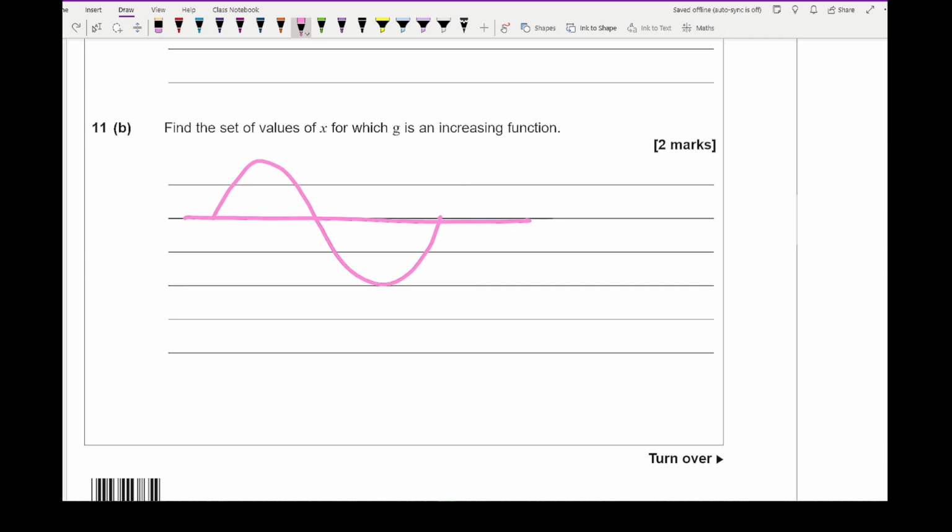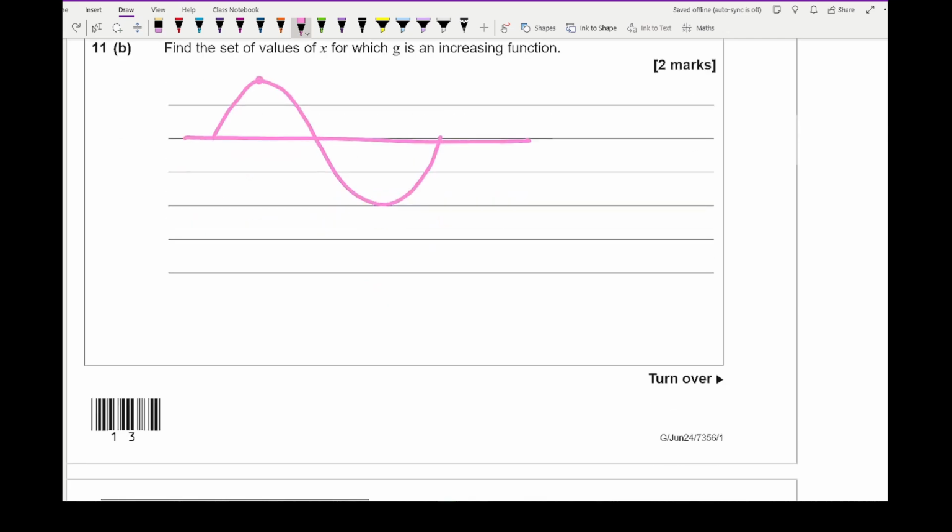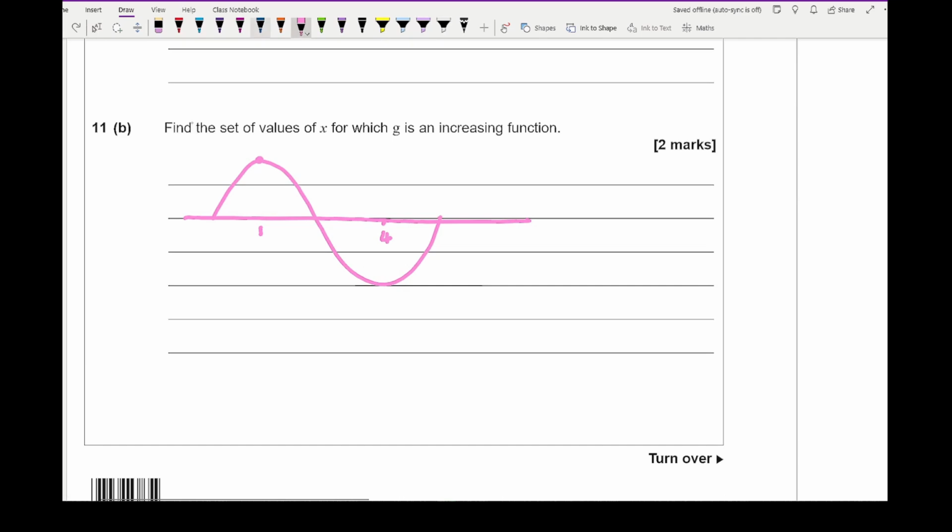Based on the information from part A, we know that this point here is at 1 and this point here is at 4. And we're looking for the region where it's increasing. So it's increasing from this region here and from this region here. So therefore, x is less than 1 and x is greater than 4.